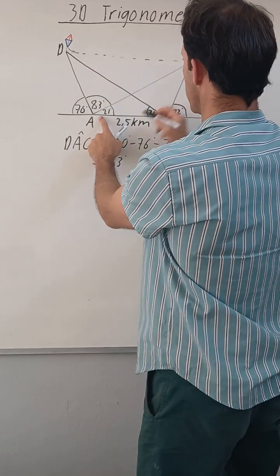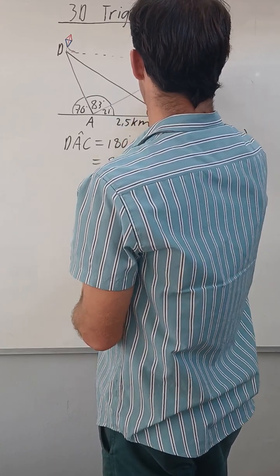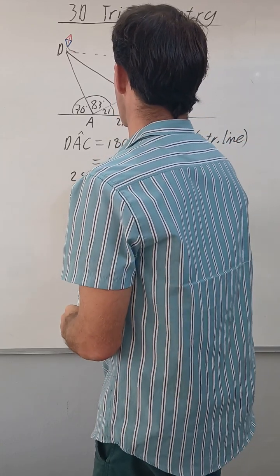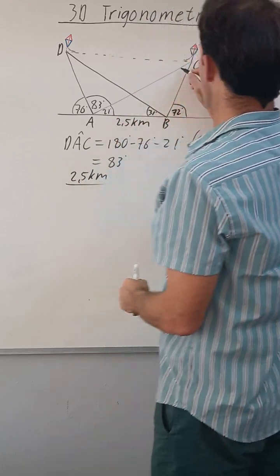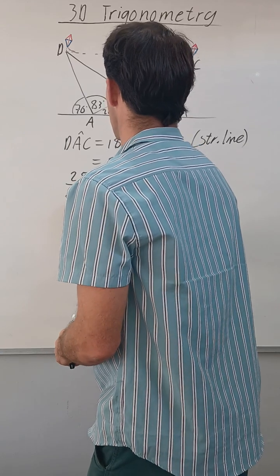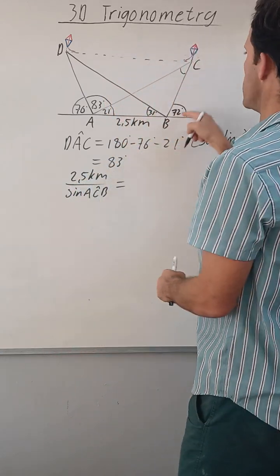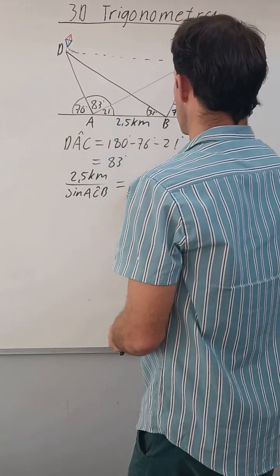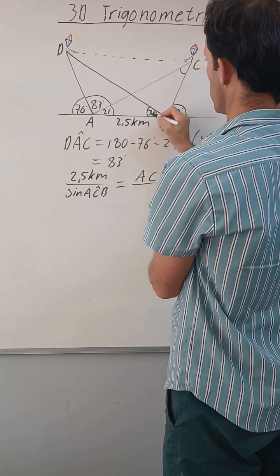Okay, so we're going to say from the sine rule, 2.5 kilometers over sine ACB must be equal to AC over sine of this angle here.